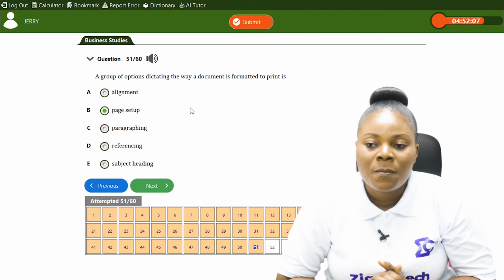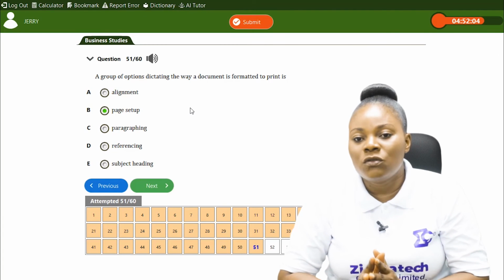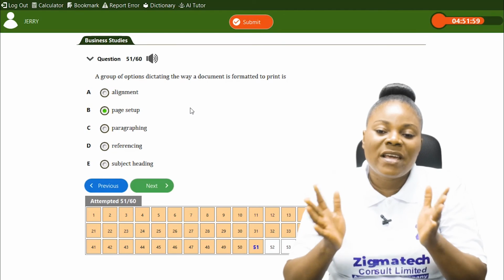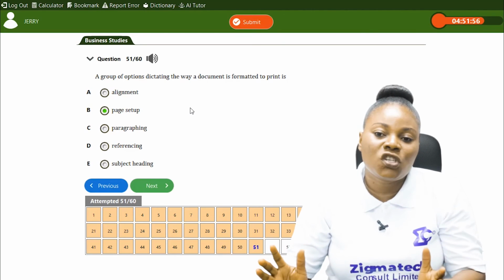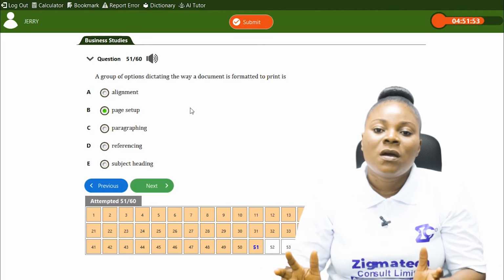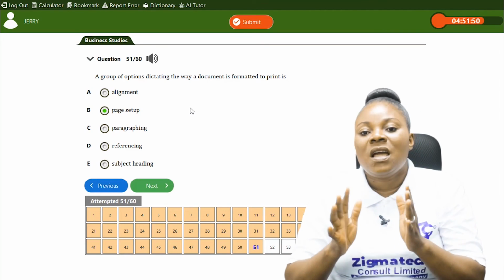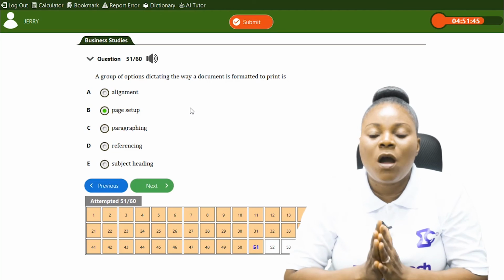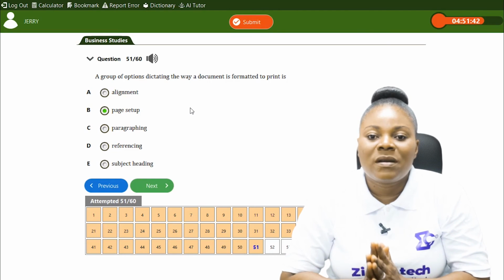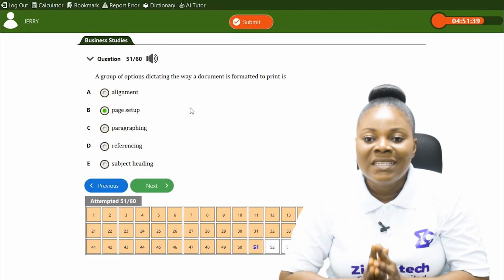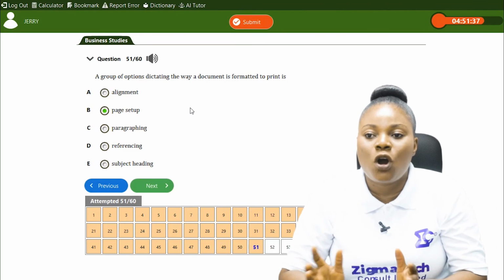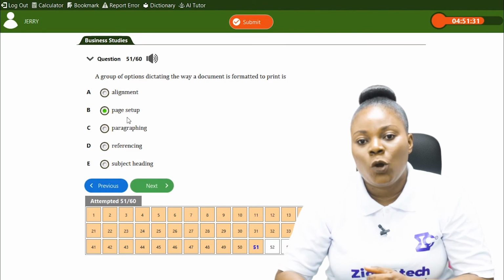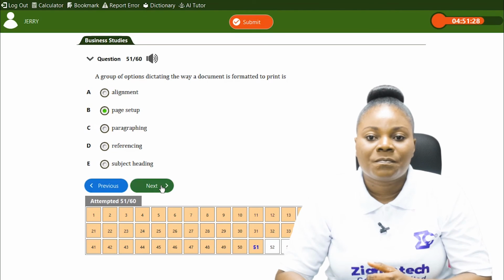On the page setup group options, you have where you set your margin, where you set your alignment, where you set your page orientation. That means how your page is going to be positioned. Is it portrait or landscape? You set your margin, how you want your paragraph to be. Everything is put together under page setup. So the correct answer is page setup, a group of options dictating the way a document is formatted or prepared before it is ready for printing. Option B is the correct answer.